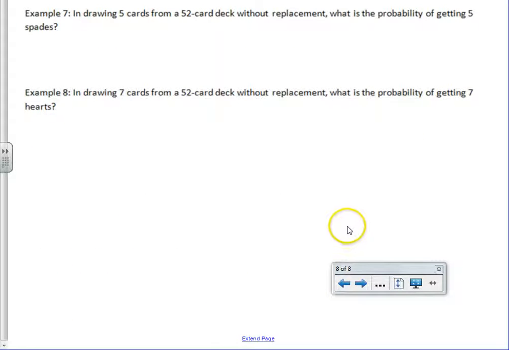In drawing 5 cards from a 52 card deck without replacement, what's the probability of getting 5 spades? If you think about how many spades are in the deck, there's 13 spades, and I'm going to be drawing 5 of them. I'm going to use a combination because I don't care what order I draw them in. So out of my 13 spades, I'm going to choose 5 of them.